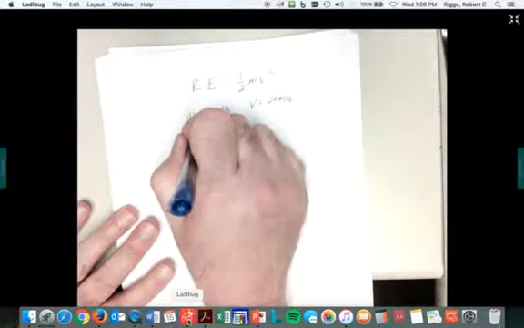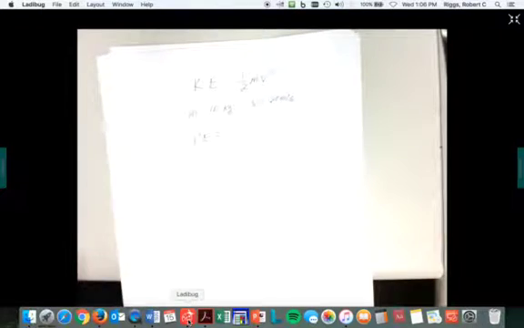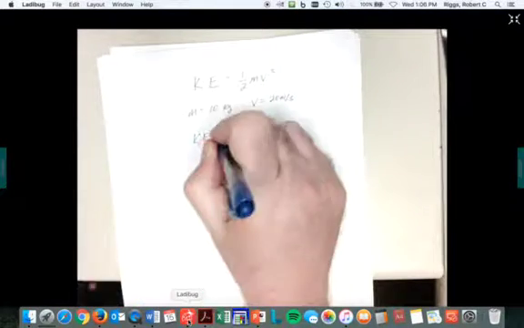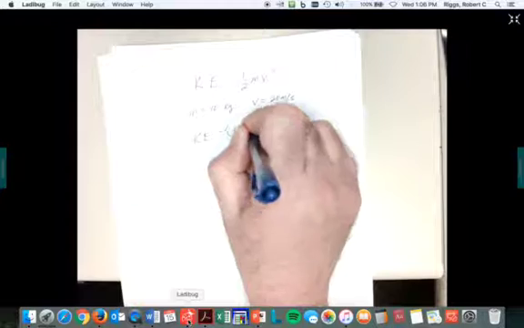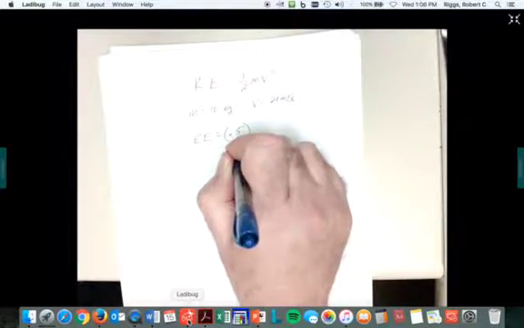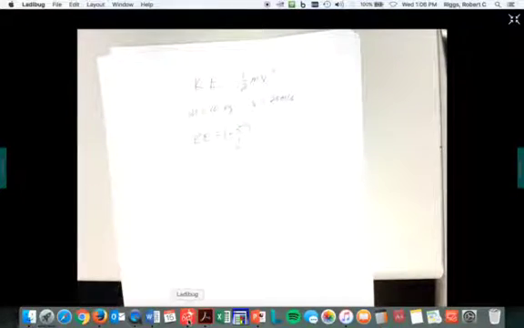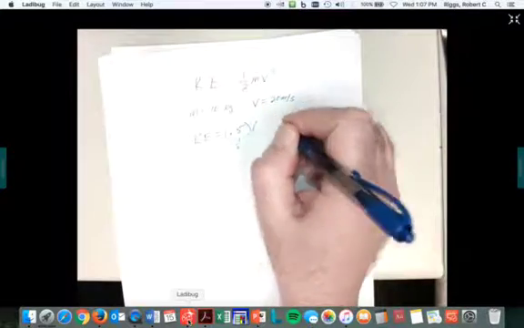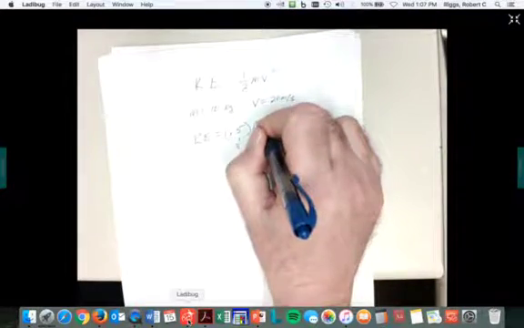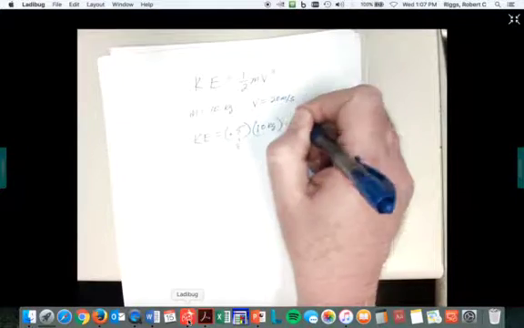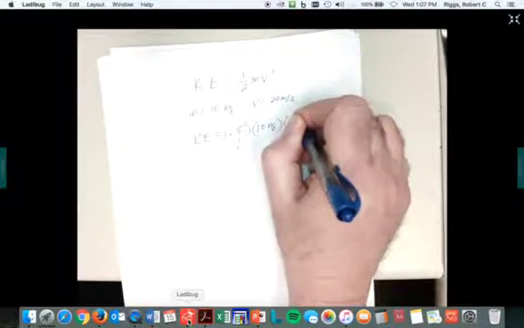What's its kinetic energy? Well, its kinetic energy would be 0.5. That's how you get the 1/2. This is how you do the 1/2 right there. Times, on your calculator, and I do everything in parentheses, so 10 kilograms times 20 times 20.